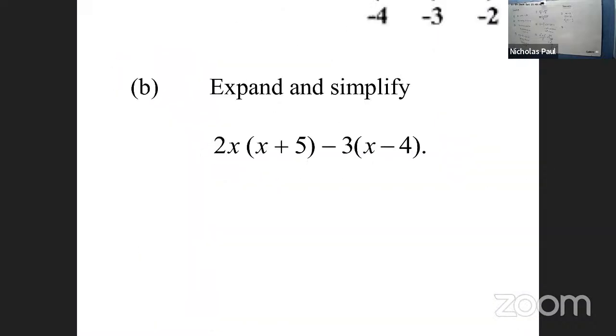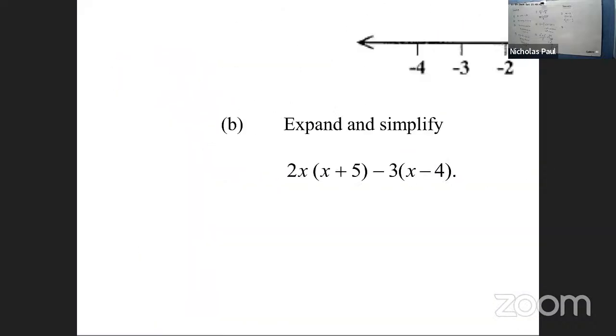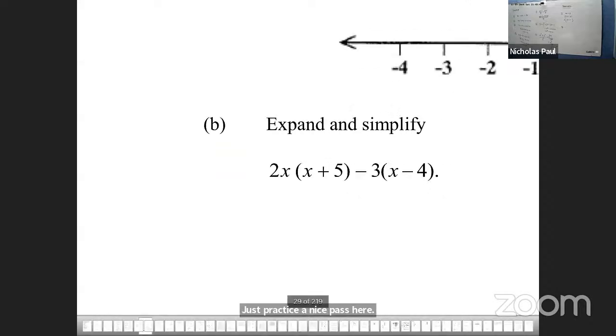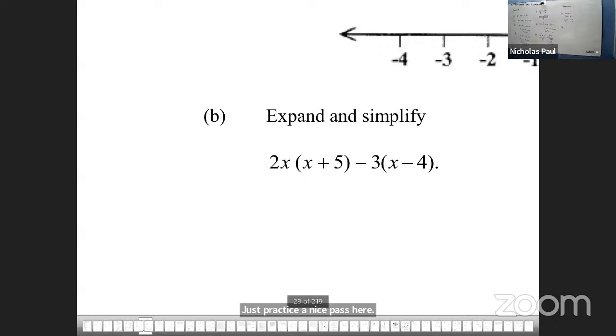Start here. Do every year, just practicing, right? Just write number 1 and work it out.